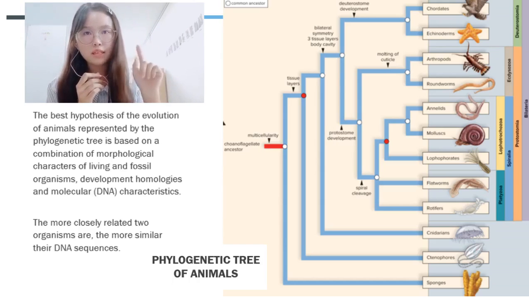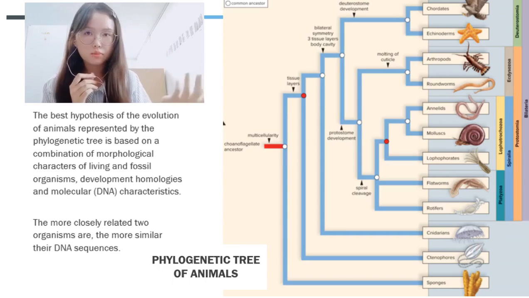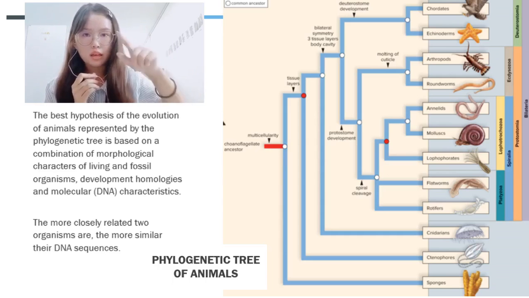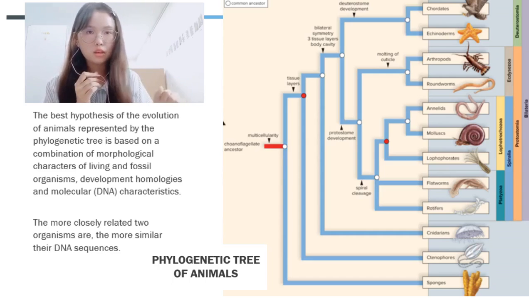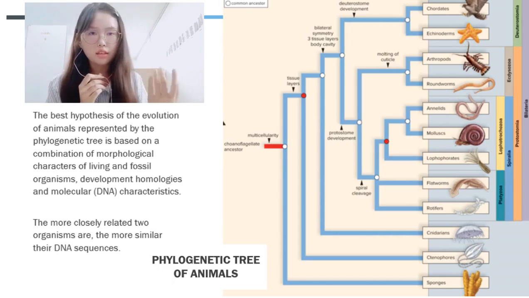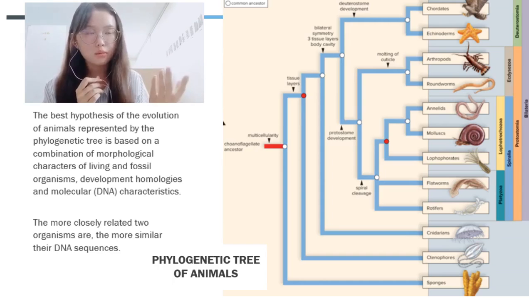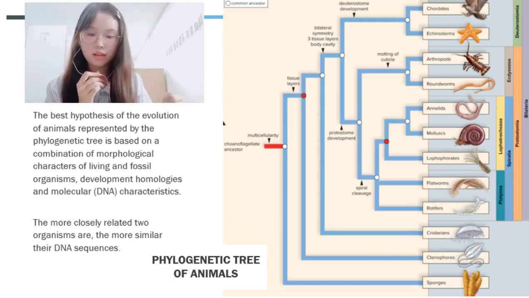You can see two red dots in this tree. These represent the uncertainty in the research on the ctenophores at the bottom and also the spiralian groups, because there is still uncertainty about the relationships in these organisms, so they put red dots there.